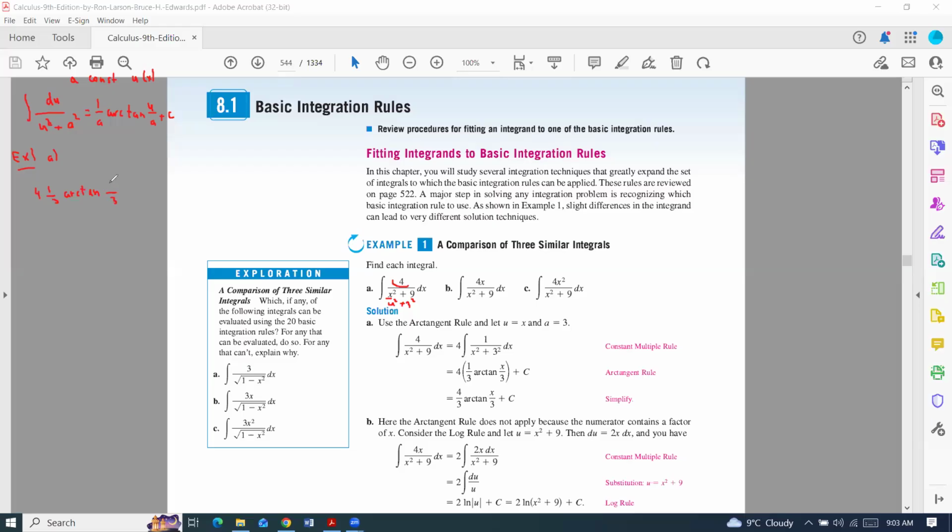And instead of letter u, now we have x. So it's a so-called table integral. It's a pure table integral, and it looks like that's exactly what they have here. So the point is to carefully match coefficients, because I know that sometimes people forget the 4 or are not sure what this 9 is, so that's the use of the 4.